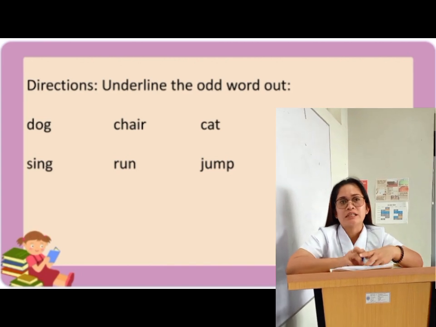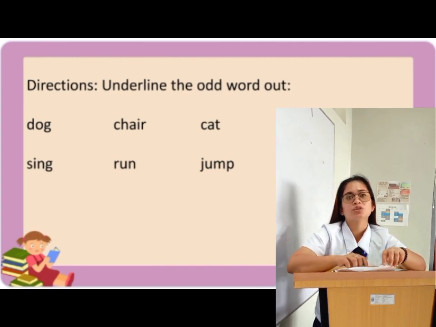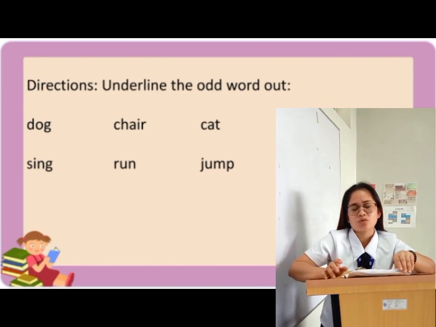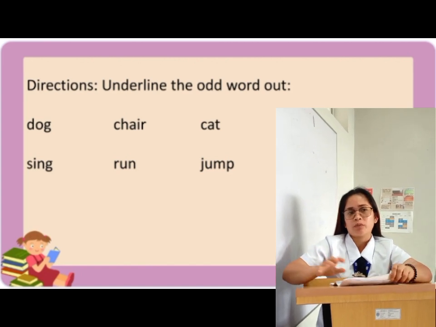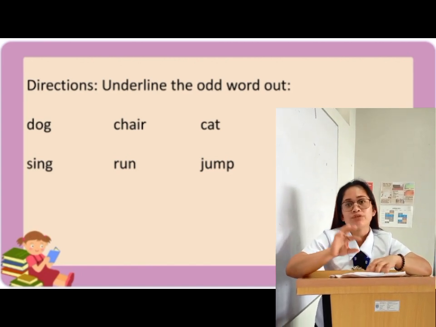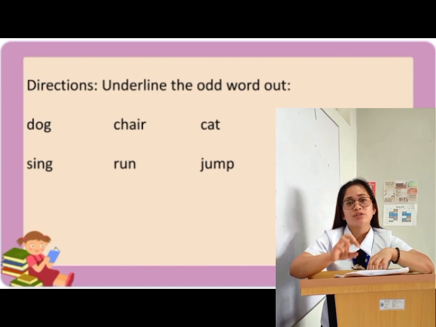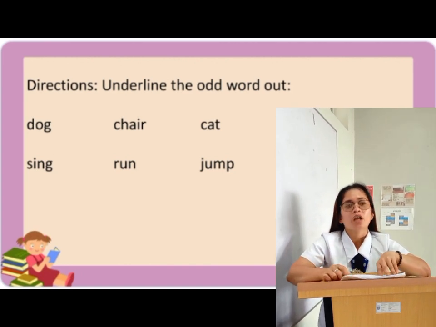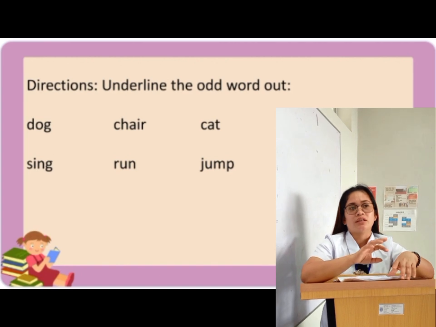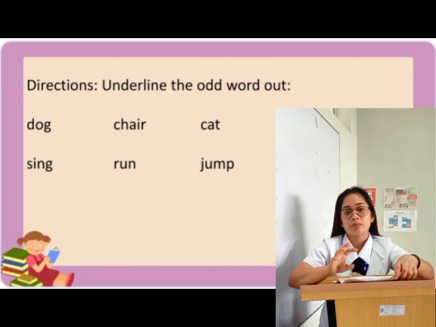Another example is the students should underline the odd word out. Odd word out means which of the following has a different classification. For example, there is dog, chair, cat, zebra, and lion.